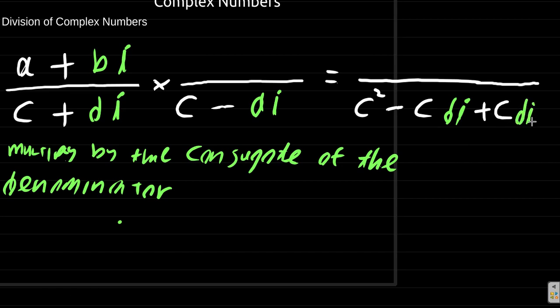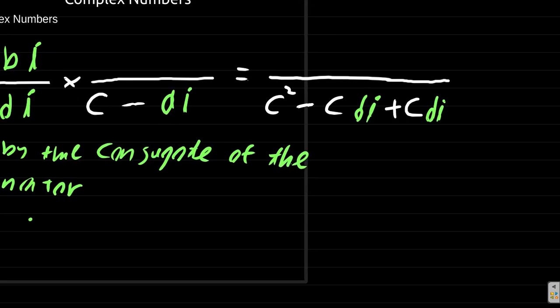Instead of DIC, I just put the C in front. Then DI times negative DI is going to be a minus DI all squared, D squared I squared. That's what we get.